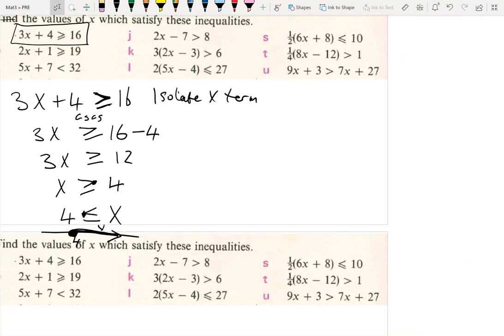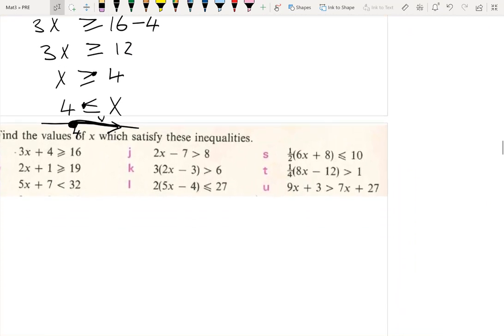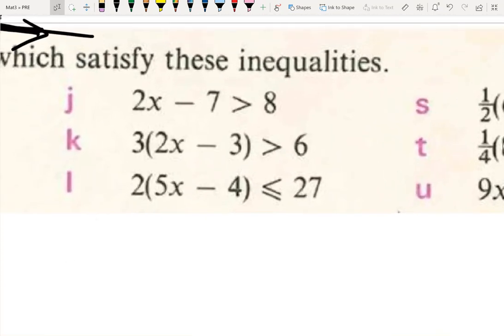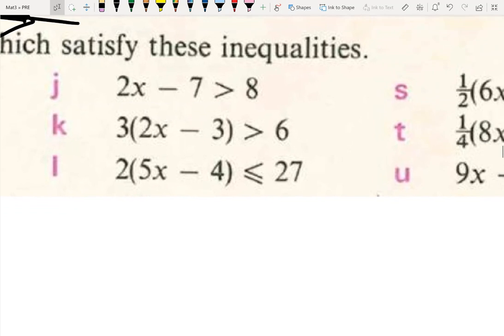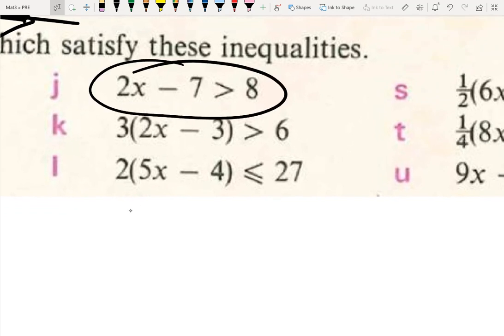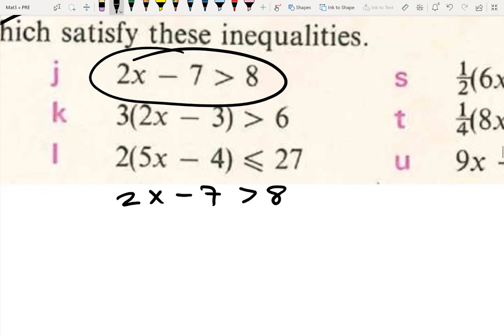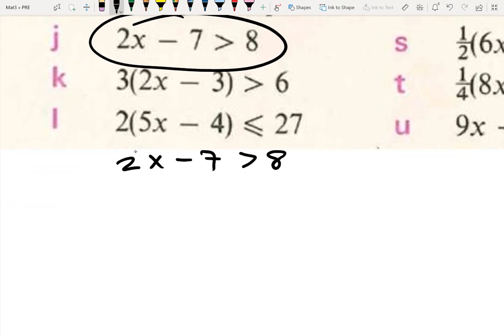Okay. Next we'll do this one. Okay, isolate the x term. Isolate this term. Okay, -7 changes side and changes sign.